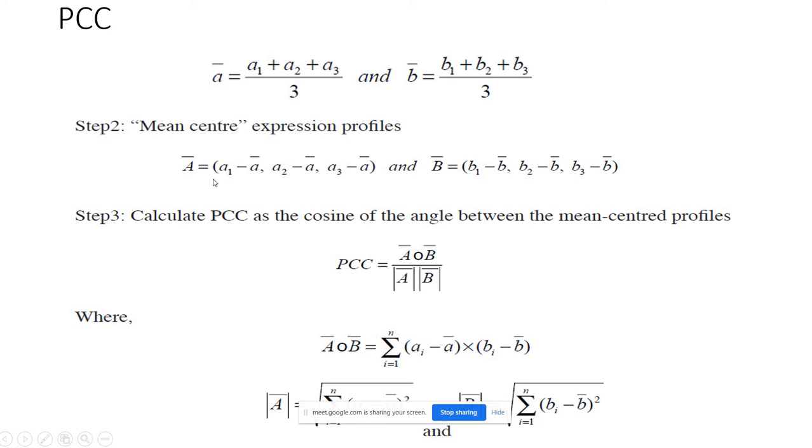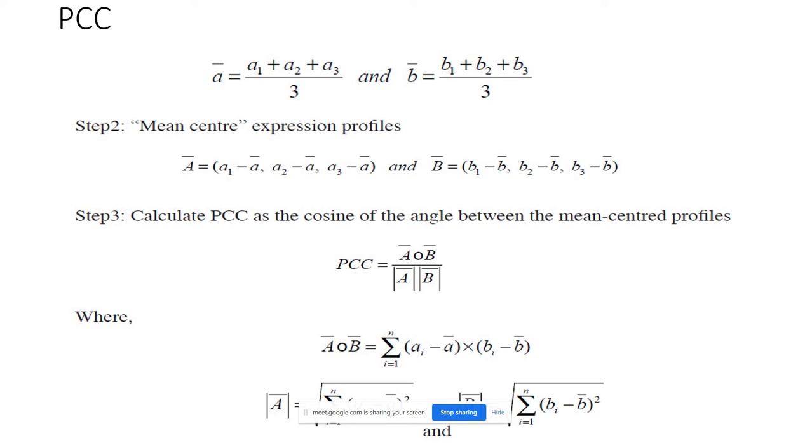How do we calculate the mean centered expression profile? It is calculated as A1 minus small a bar, A2 minus small a bar, A3 minus small a bar. What is small a bar? This is the mean value that we calculated in the first step.